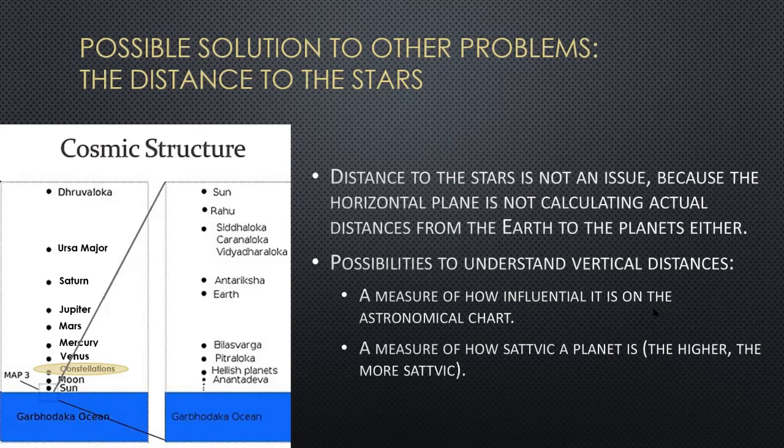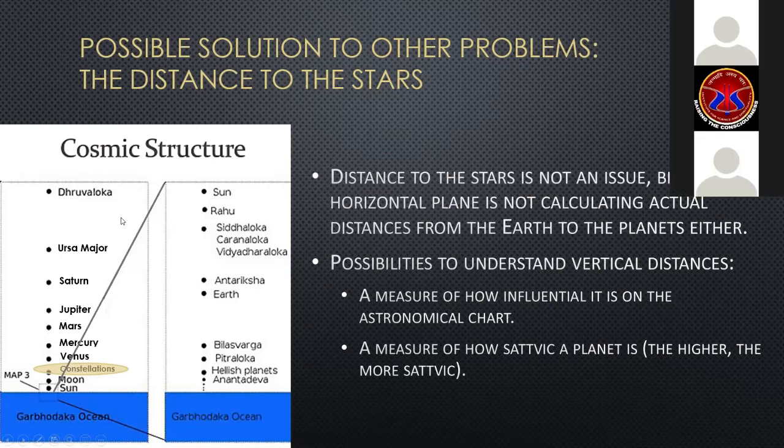Well, the distance to the star is not an issue if you take Bhumandala to be this planisphere, this horizontal plane, because it's not actually calculating distances from the Earth planet to these other planets.